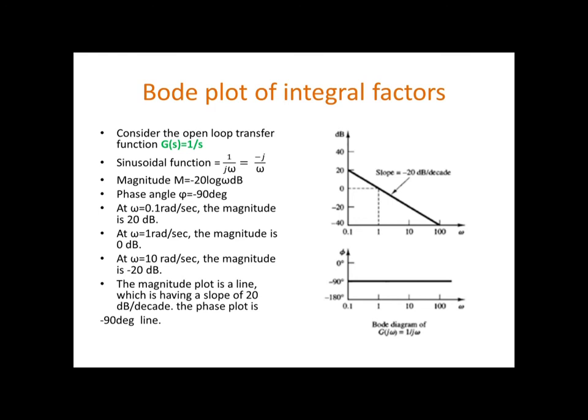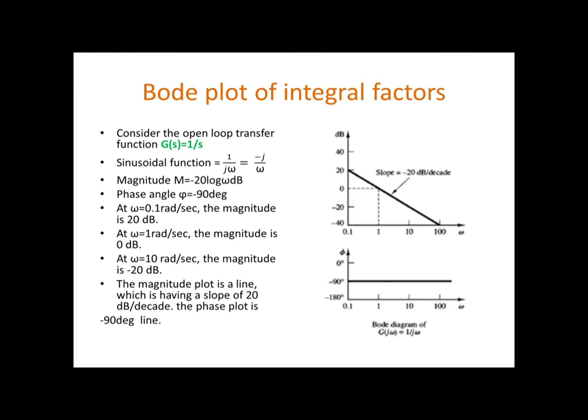If we consider omega equal to 0.5, then the range from 0.5 to 0.5 into 10, that is 5, is a decade. That means 0.1 to 1 is a decade, 1 to 10 is a decade, 10 to 100 is a decade, 100 to 1000 will be a decade. So this is the decade concept.